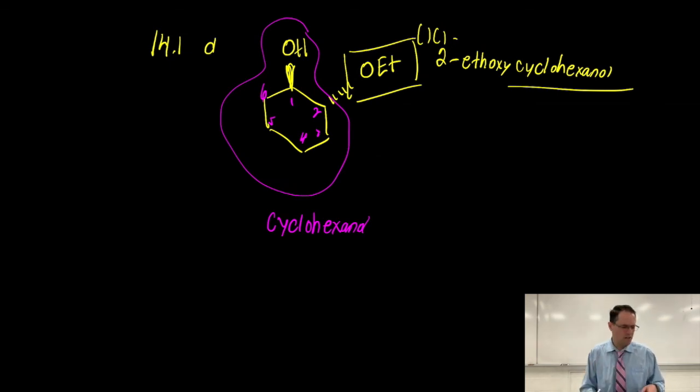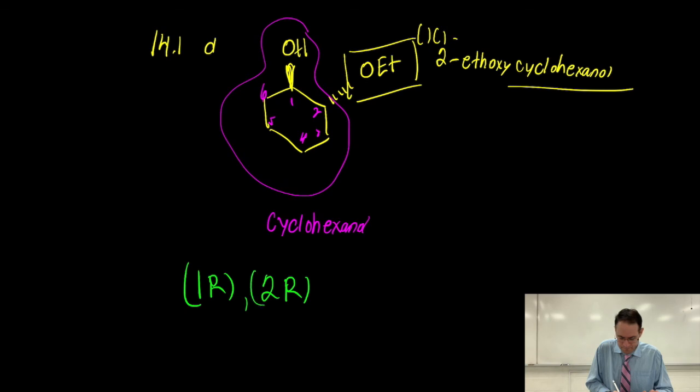But I'm lazy, I don't want to go into the stereochemistry of this particular problem. But you need to include R or S with each of the stereogenic centers, okay? This molecule is going to be 1R, okay, 2R, I believe, 2-ethoxy cyclohexanol, okay?